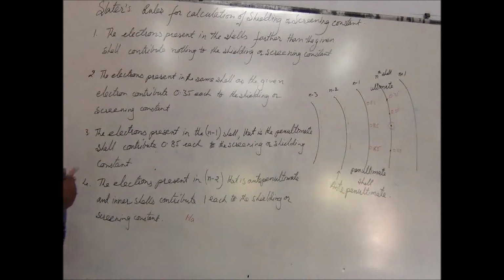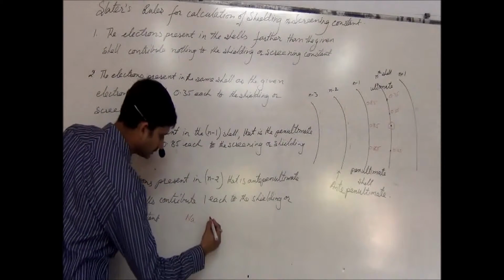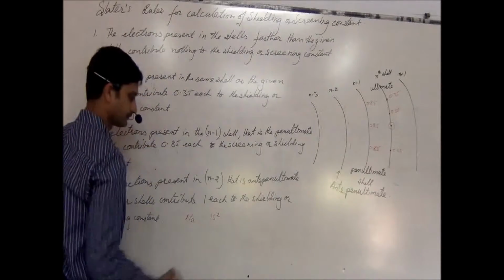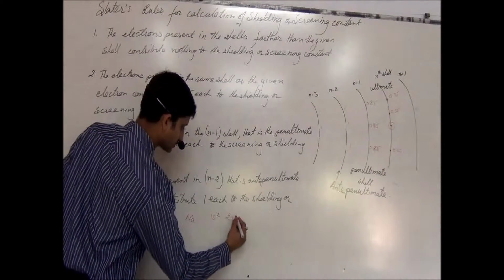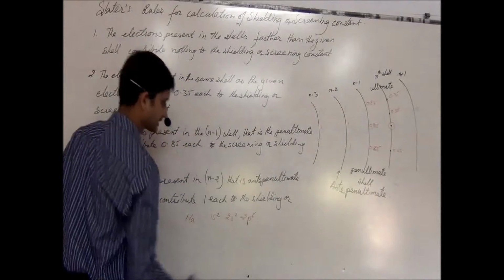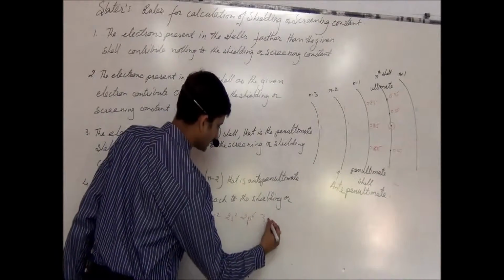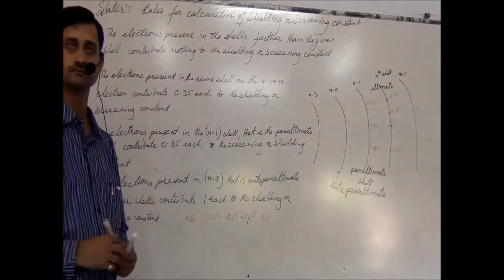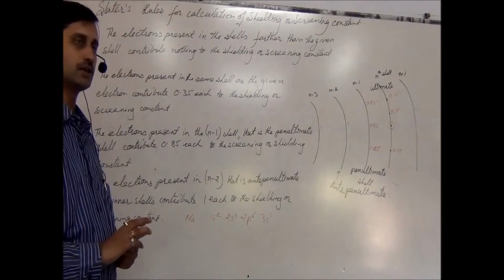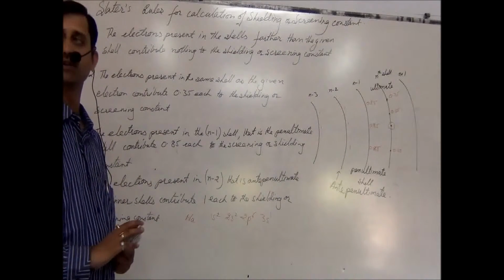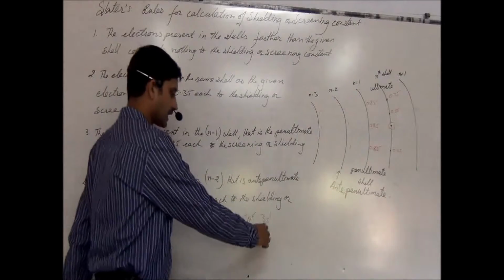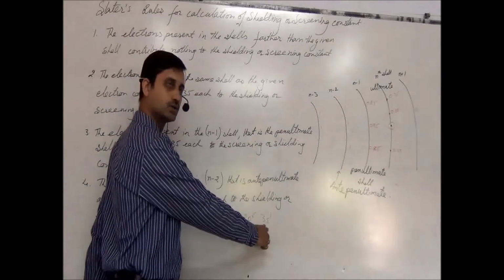Now, when we write the configuration of Na, it is going to be 1s2, 2s2, 2p6, 3s1. Now let us say we want to calculate the shielding or the screening effect on the last electron, the outermost electron.